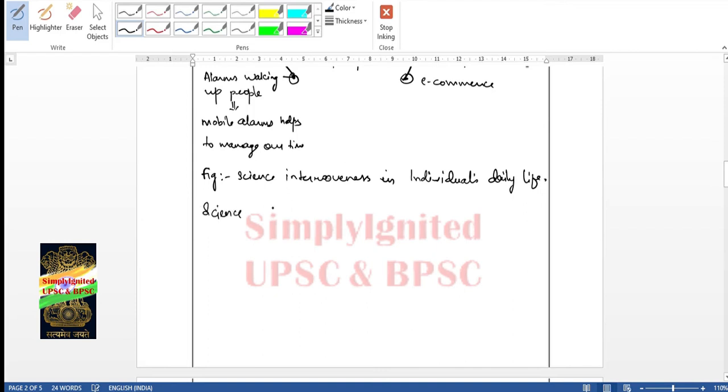Science has led to more efficient governance.